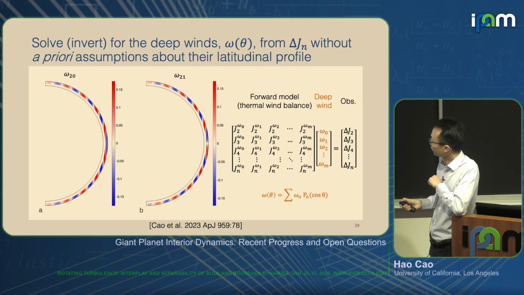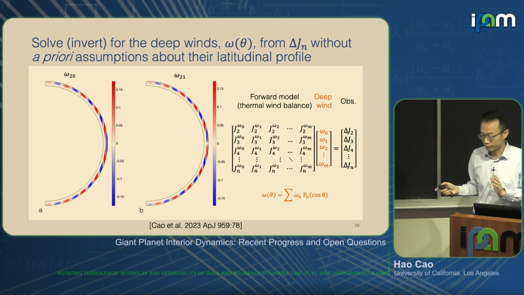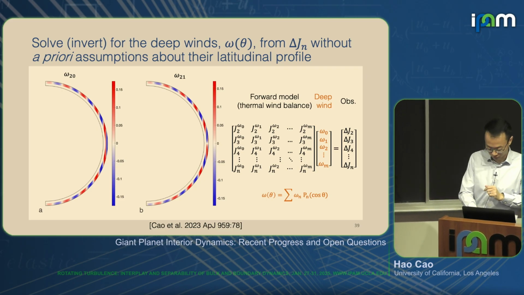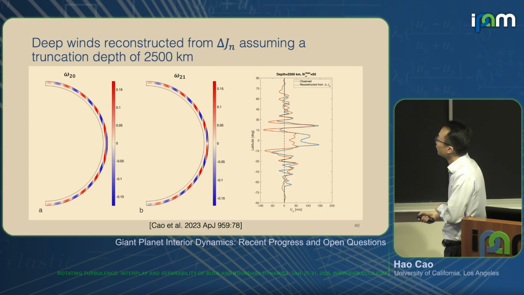You've got a forward model, which is our thermal wind balance, not the full Euler solution because the winds get truncated. You describe the deep wind just by a set of coefficients, and ask what combination of winds will give me the gravity harmonics, the JNs, I'm going to measure. Everything is known except these deep winds. You throw this to the machine, and this is what you get.